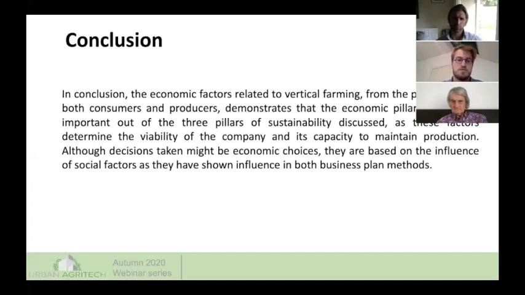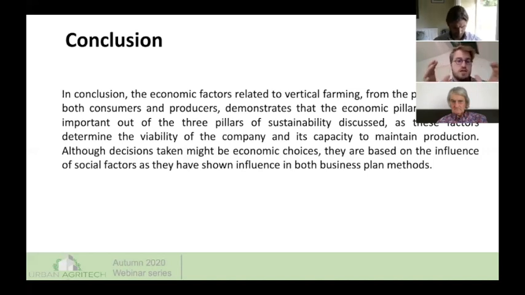However, like mentioned before, the importance of the economic factor is influenced by the social factor, as the consumer's perception of price, and the reason why they give such great importance to price, influences the importance of the economic pillar. If all consumers knew why they're paying such a great price for their food, then the vertical farming business should be okay.